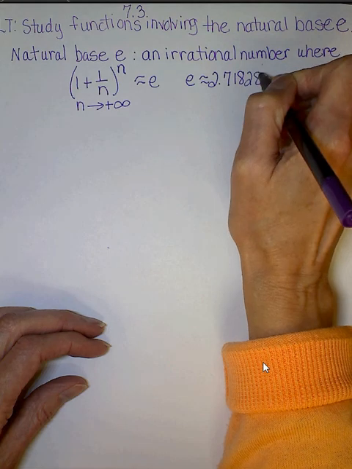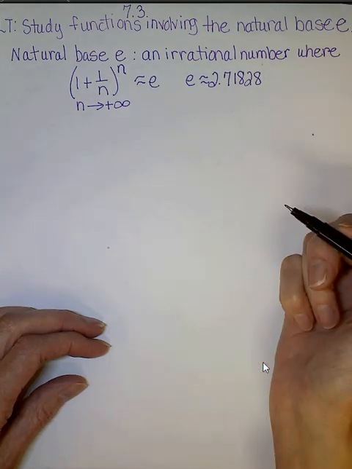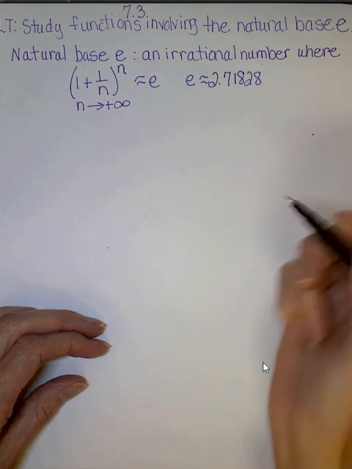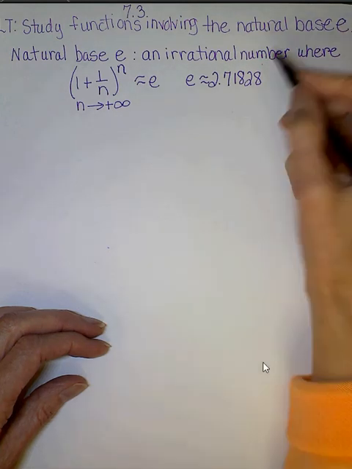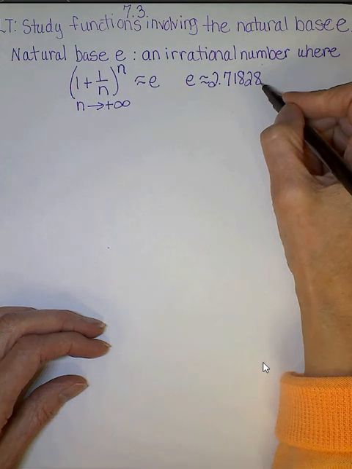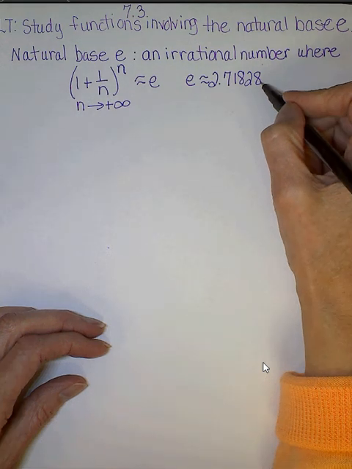And it also has its own button on your calculator, just like pi does. And I think they used the letter E because of the mathematician who named it. His name was, I think you pronounce it Euler, but it started with an E.